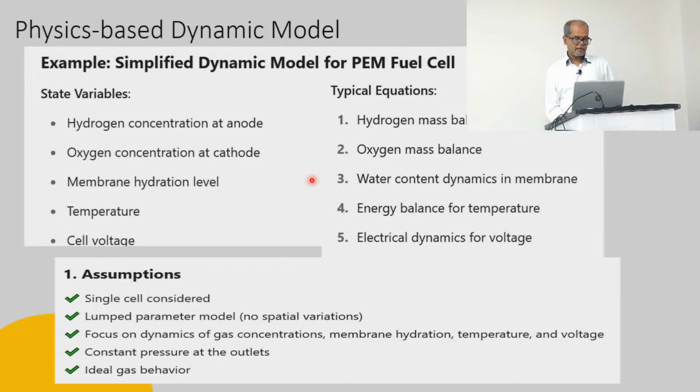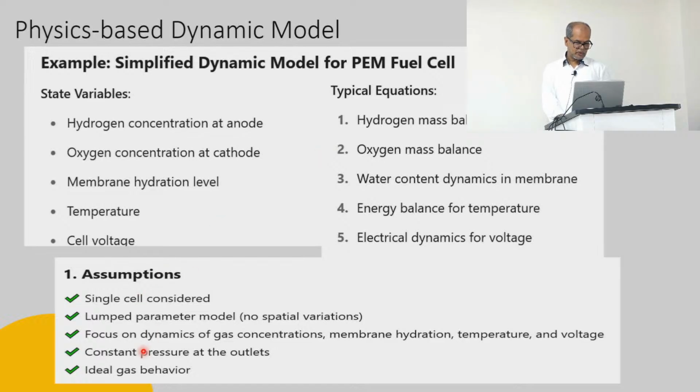Now, as it has differential equations, that means it will have state variables. If you consider the simplest one, it has 5 state variables, that means 5 differential equations, and these state variables are hydrogen concentration at anode, oxygen concentration, membrane hydration level, temperature, and cell voltage. And these 5 equations give you the 5 state variables.